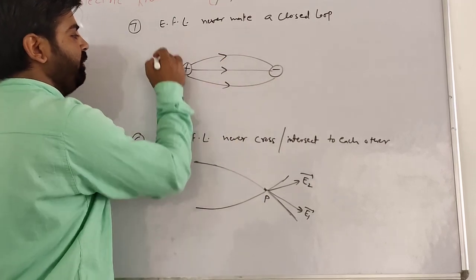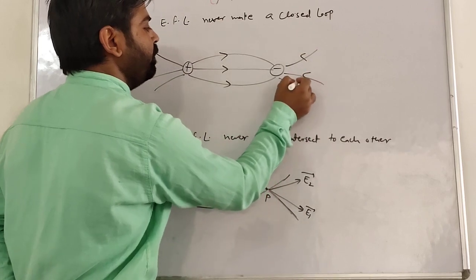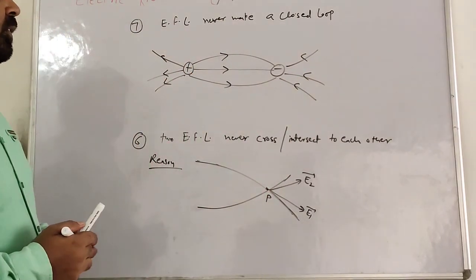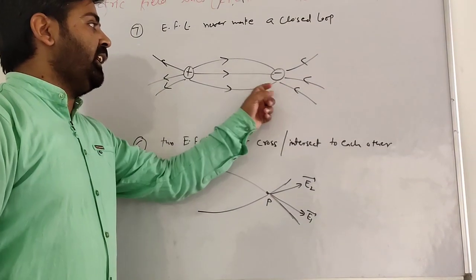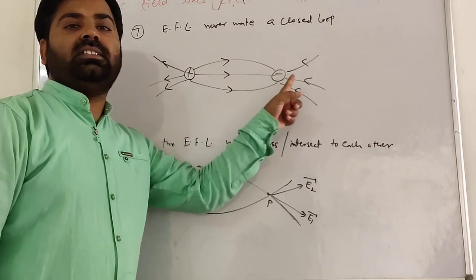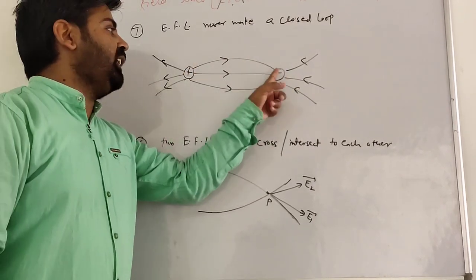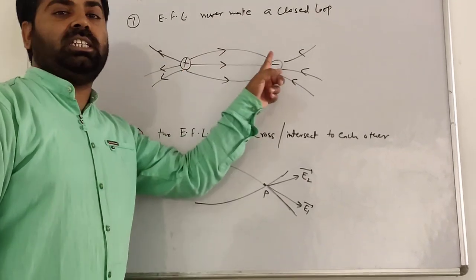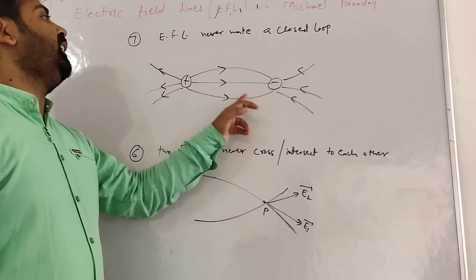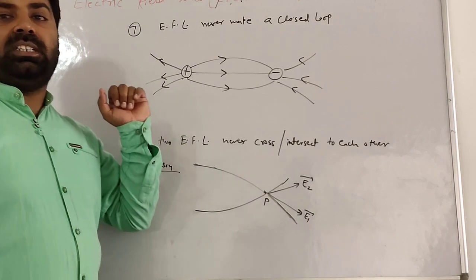Then the direction of electric field lines is always from positive to negative. There is no electric field line whose direction is from negative to positive. So it is unidirectional, not in both directions. It can't be drawn from negative to positive. So these field lines never make a closed loop. This is the seventh property.